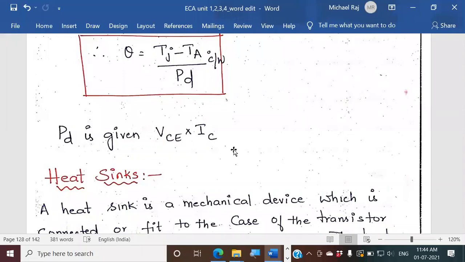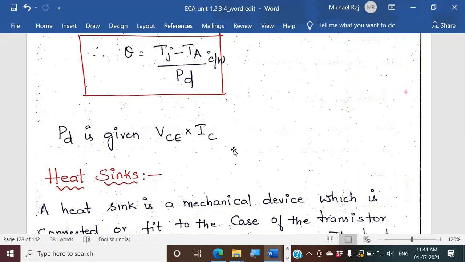Due to the voltages and currents, the transistor is getting heated up. If we can quickly throw the heat to the surroundings, then the transistor will be safe. Otherwise, the heat will accumulate within the transistor, and in simple words, the transistor will get damaged.